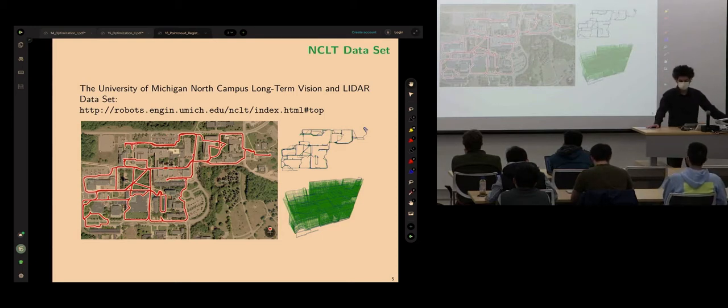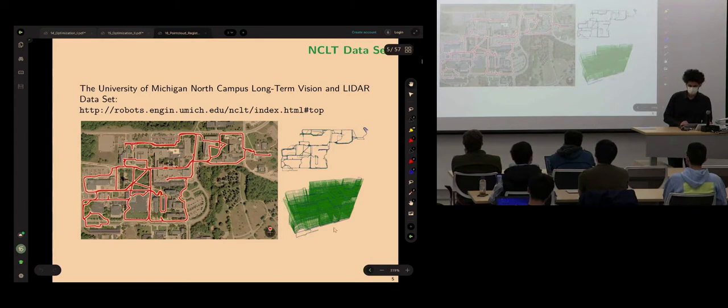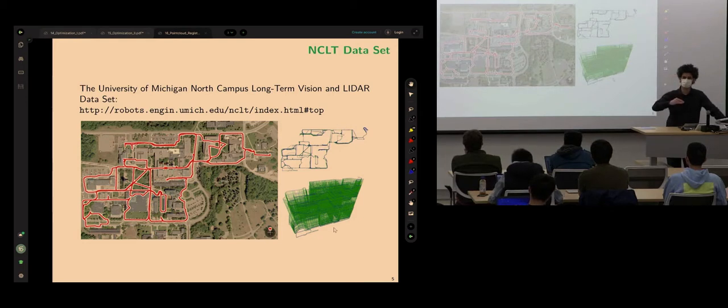The ground truth is constructed by taking sequences of data from different runs on different days and accumulating them into, you can see here, a giant graph that vertically you can imagine is time, right? You go different days, and then you also establish loop closures for different days, for different locations.